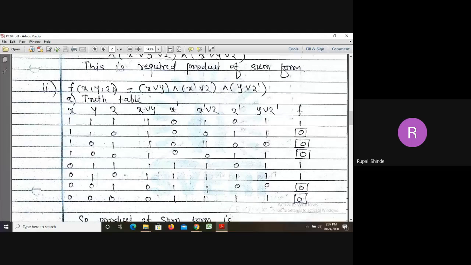Have you understood this example? Yes, ma'am. Okay. Now, the same example you have to try with the algebraic method.